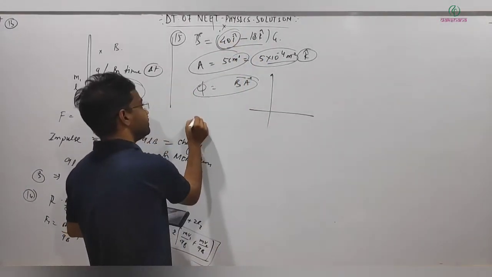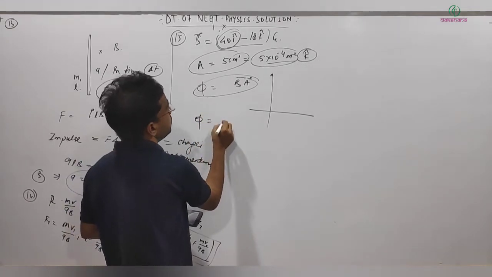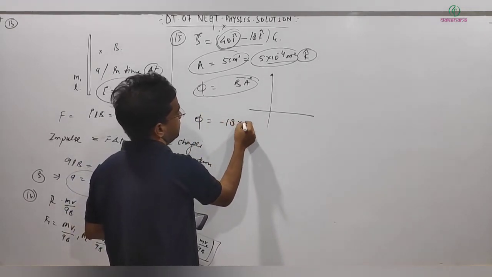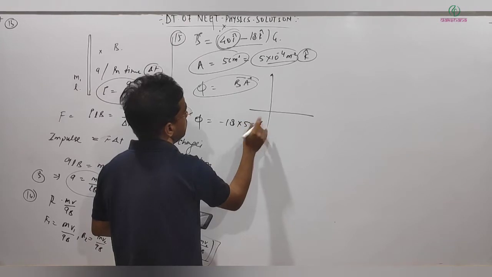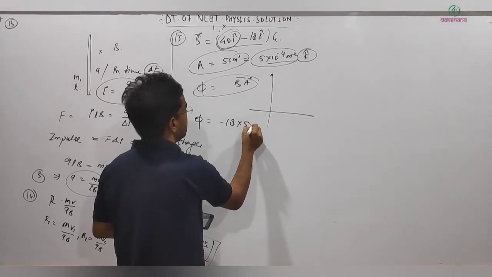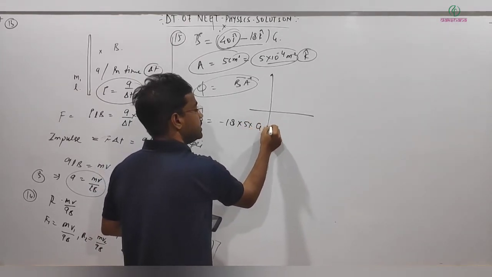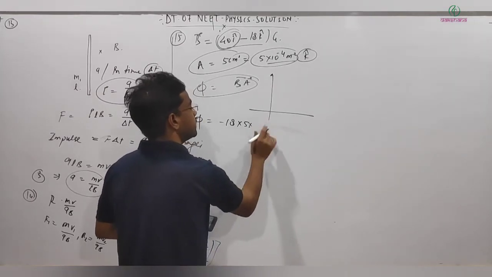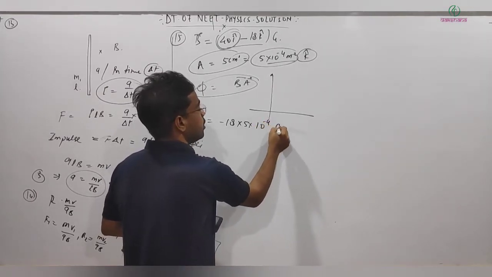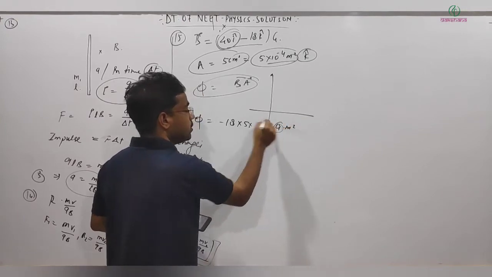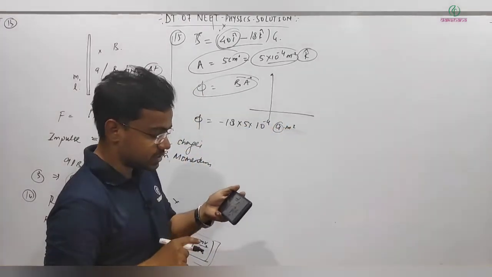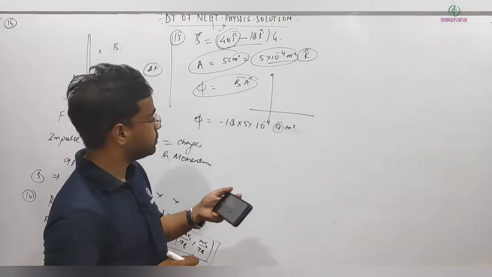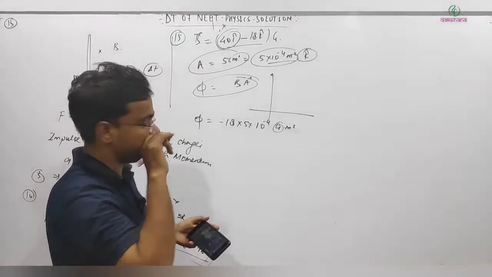So I can write phi equal to minus 18 multiplied by 5 into 10 to the power minus 4 Gauss meter square, and Gauss we need to convert into Tesla. 1 Tesla is 10 to the power 4 Gauss, so 1 Gauss is equal to 1 by 10 to the power 4 Tesla.